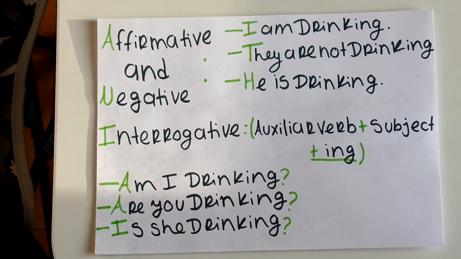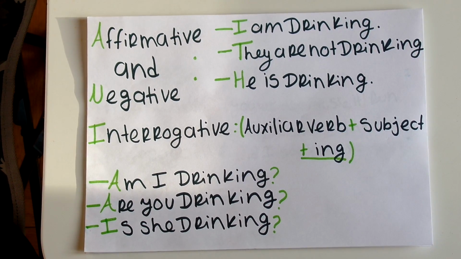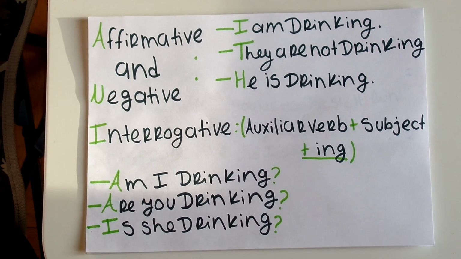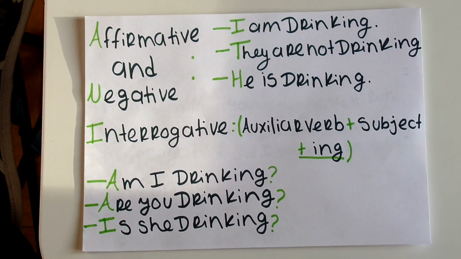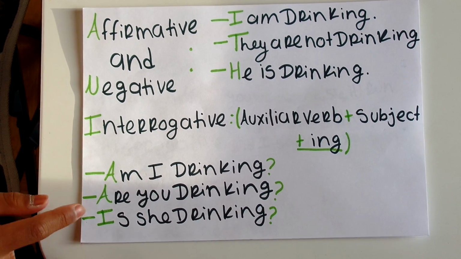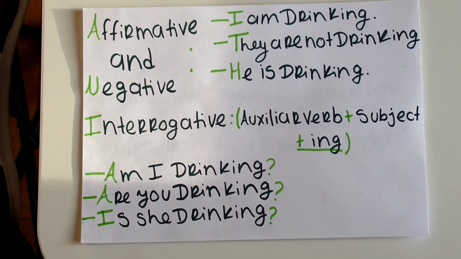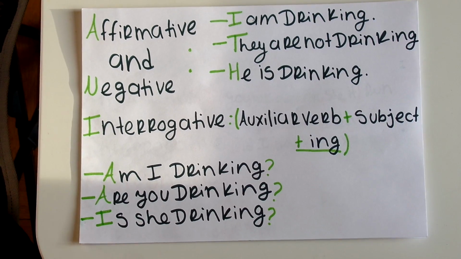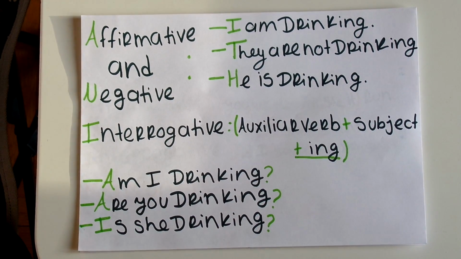The questions will be like this: am I drinking, having a subject of I and a verb of drink, again with ing. And another one will be are you drinking, having a subject of you and a verb of drink, adding again the ing.